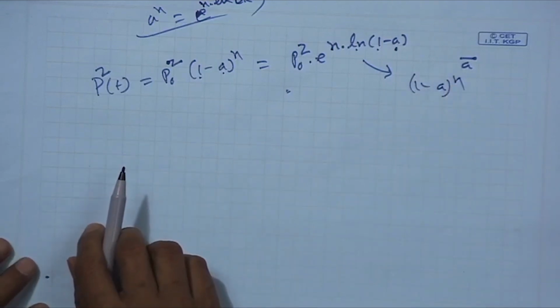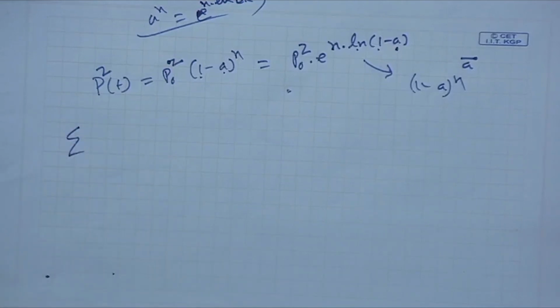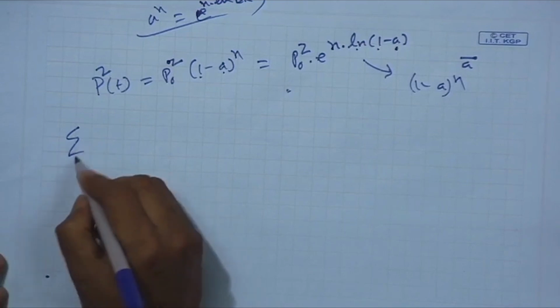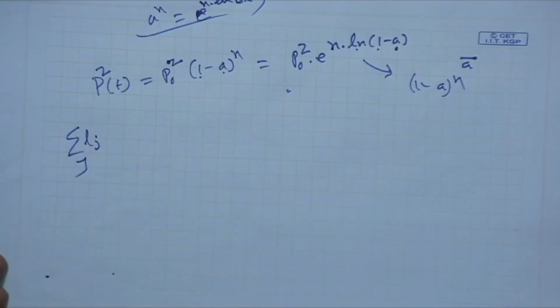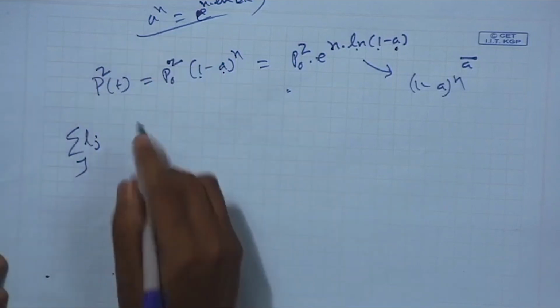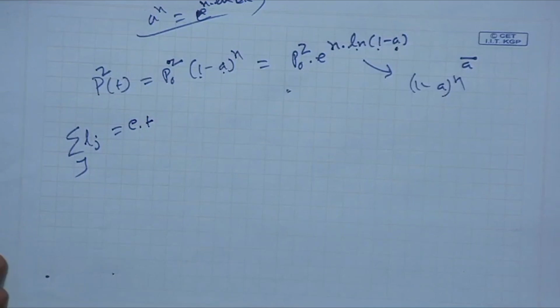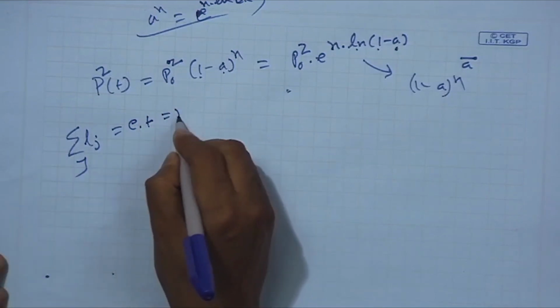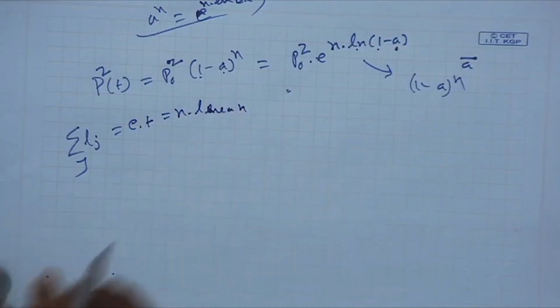I represent it like this. Let the total path traveled by that ray be the summation of L j, where j is the number of times it is reflected. It is nothing but c into t. It is also n into L mean, where L mean is the average reflection path.